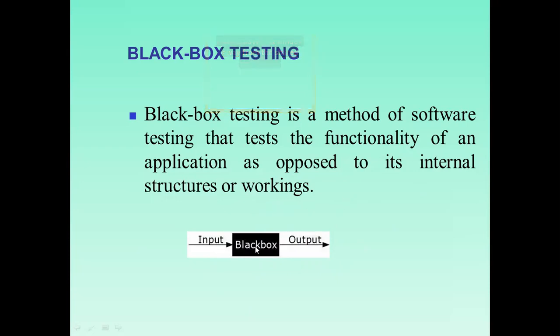So we are not aware why or how this is working internally, or what the internal structure is. Okay, so that is called the black box testing. So whether we are getting the right output corresponding to this input, okay or not. So this is called the black box testing.